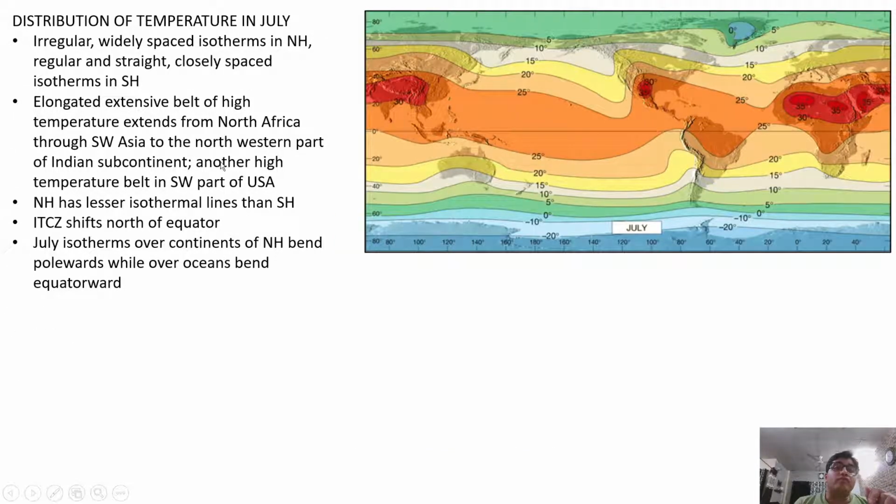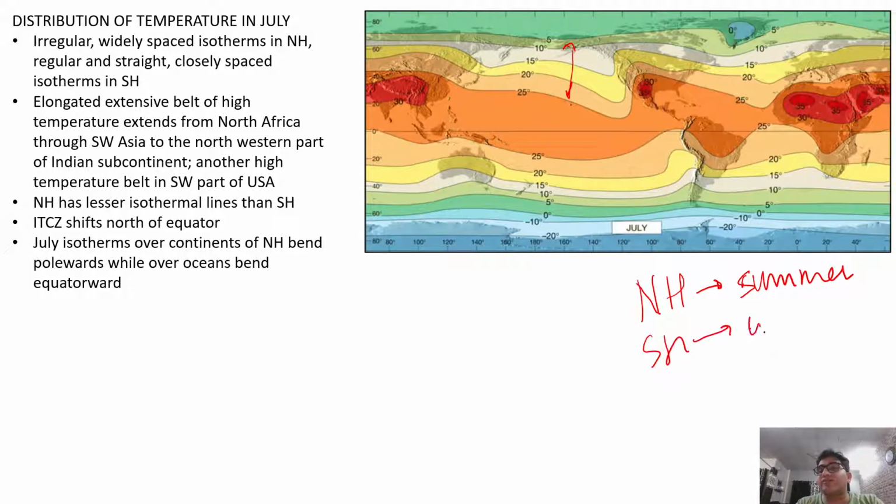While during the month of July, you can see here that the isotherms are irregular and widely spaced in the northern hemisphere. Now the situation has changed because the northern hemisphere has summers, while southern hemisphere has winter during this month.